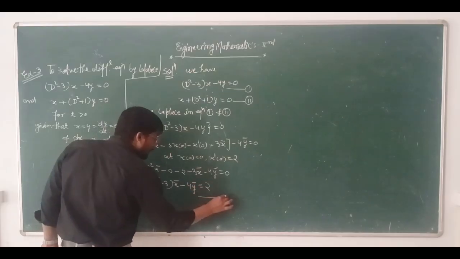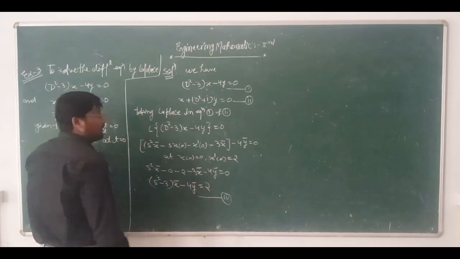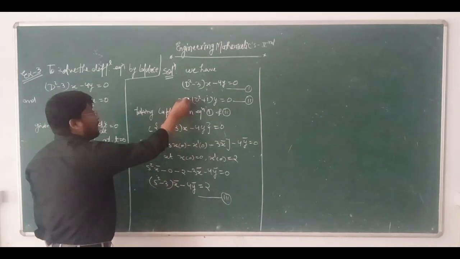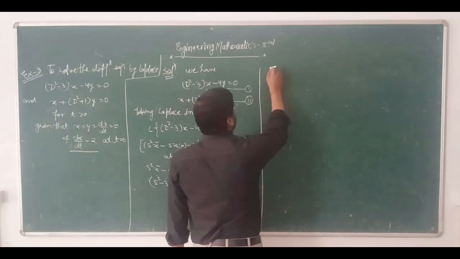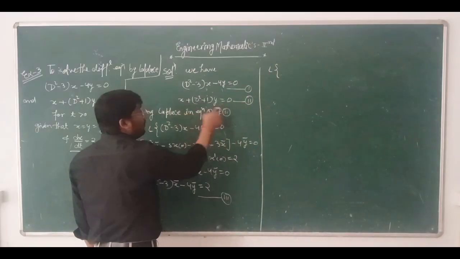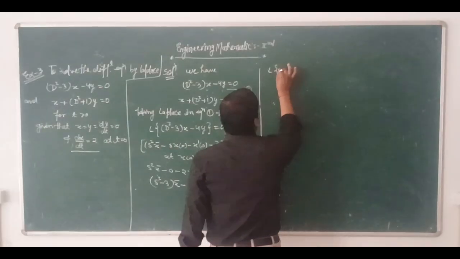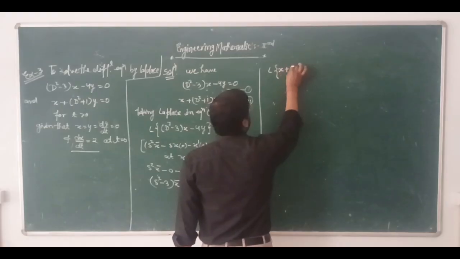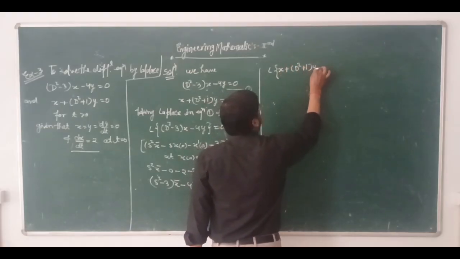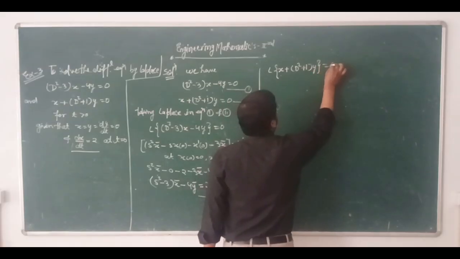This is equation number third. Now you solve again Laplace in equation number 2, Laplace of equation number 2, this means x plus (D square plus 1)y is equal to 0.